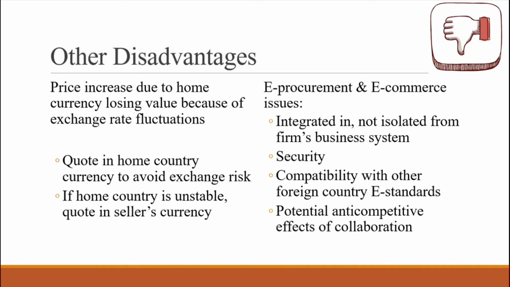Different country standards are also of concern in attempting to implement international e-procurement systems. Governmental concern with potential anti-competitive effects of collaboration among competitors may also cause problems for industry-wide business-to-business chains.